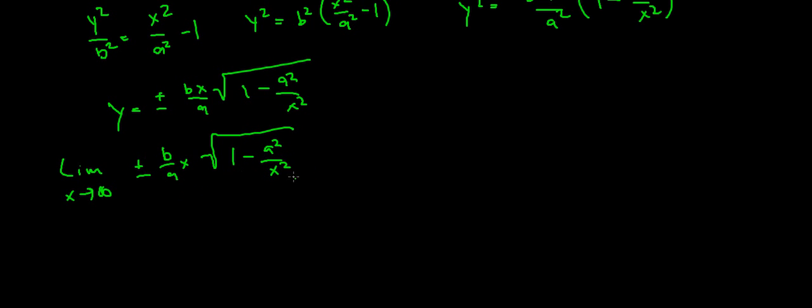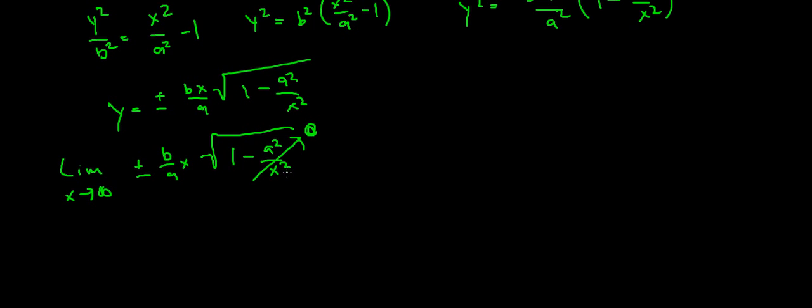So here, as x goes to infinity, this denominator is going to become larger and larger, and eventually this is going to become infinitesimally small. It's going to approach 0 as x goes to infinity, and this stays fixed.